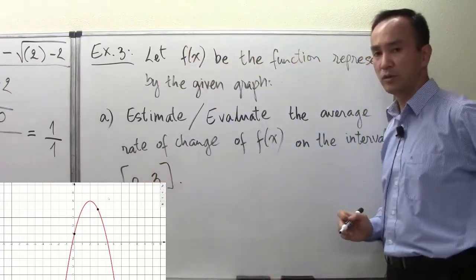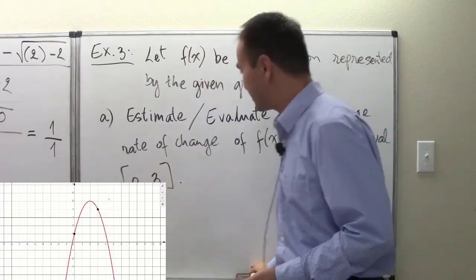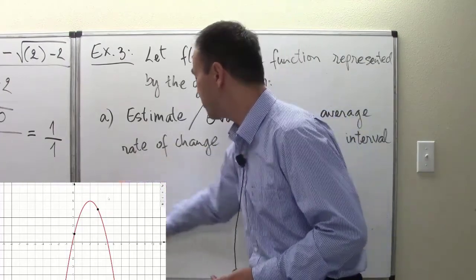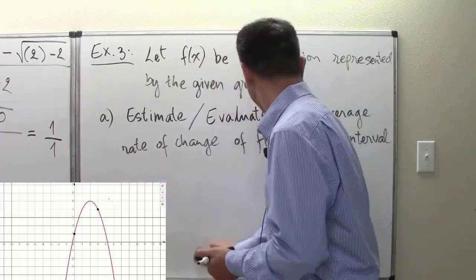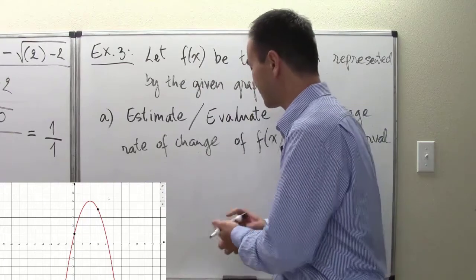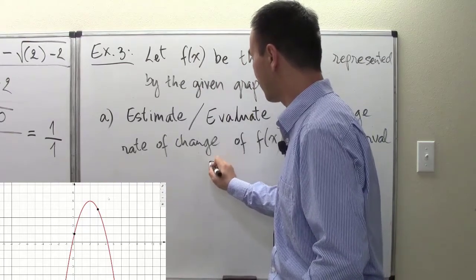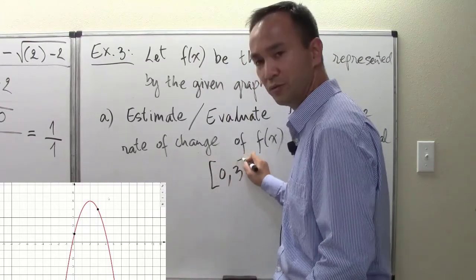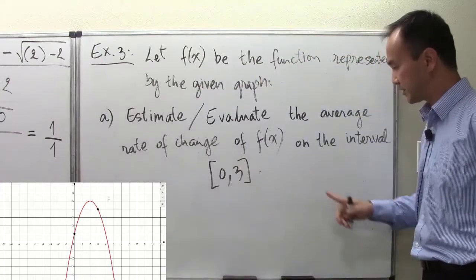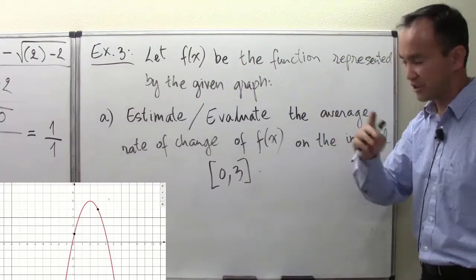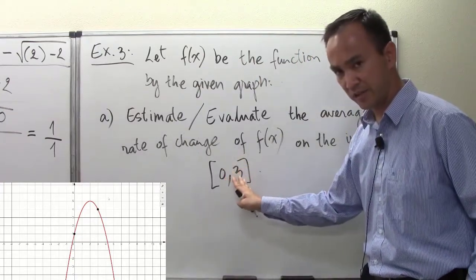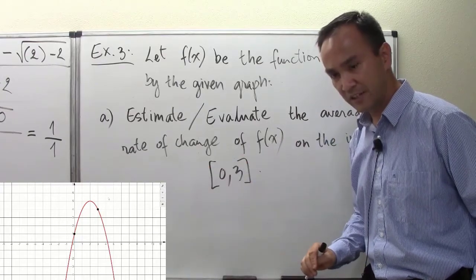All right, so we want to estimate. This is the interval, and the graph is still there, so I don't want my writing to be hidden behind the graphing screen like that.